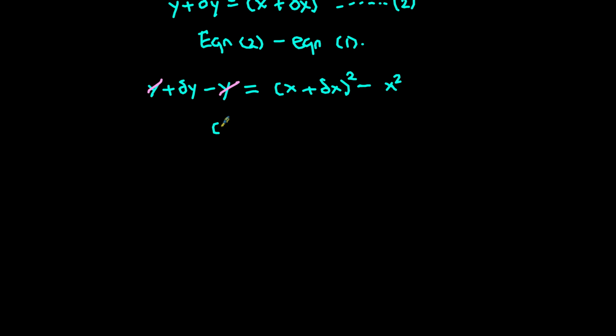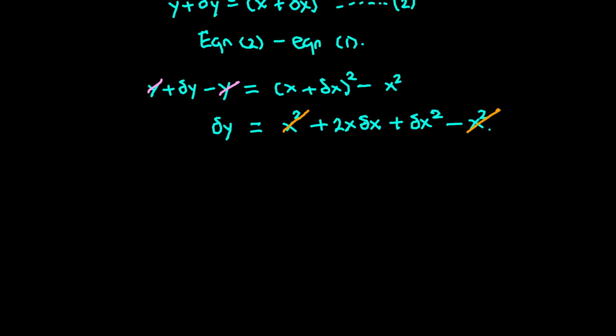On the left hand side we are left with delta y, while on the right the first quantity will be x squared, then the middle term will be 2x delta x, and then the last term is delta x squared, minus x to the power of 2. Now, having done that, we can cancel out x squared.